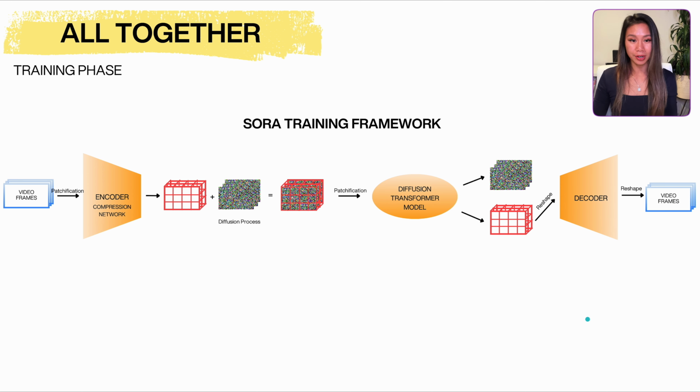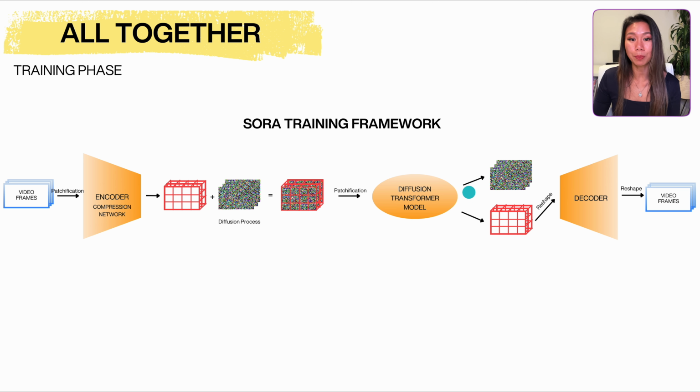Now putting it all together, this is how the training phase would look. You start with one of the videos that you collected, put it through spatial temporal patchification, then pass it to the encoder for it to compress it into a latent representation. You apply the diffusion process onto the latent representation to get this noisy latent representation, which you will then pass into patchification again before it's passed into the diffusion transformer model.